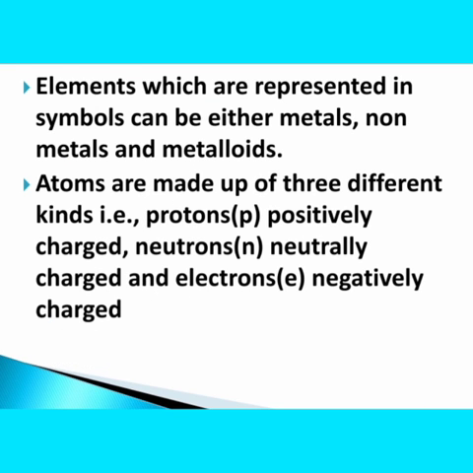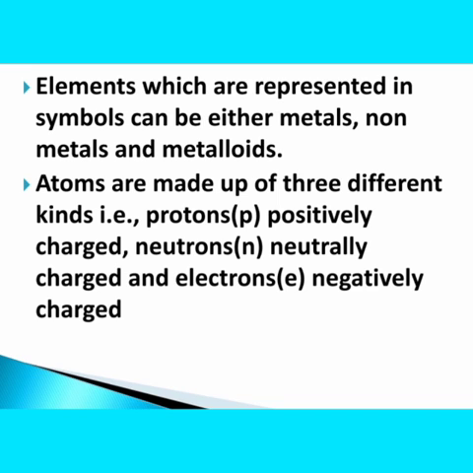Elements represented by a symbol can be metals, non-metals, and also metalloids. Atoms are made up of three different kinds of particles. When I come to the chapter Structure of Atom, I'll let you know about atoms.